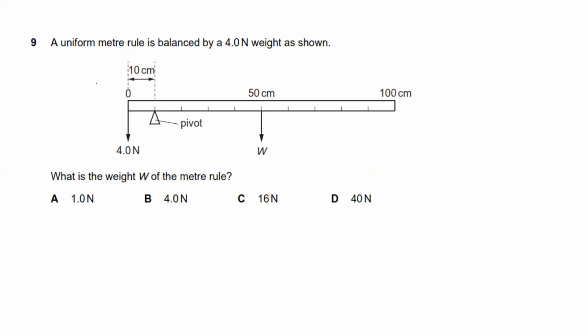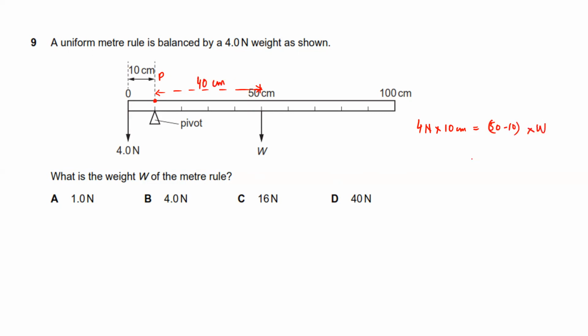Next question, question number 9. It says the uniform meter rule is balanced by a 4 Newton force as shown. The 4 Newton force is acting here, and the weight of the rule is acting down. What is the weight of the rule? Just use the principle of moments, taking moments around point P. It becomes 4 newtons multiplied by 10 centimeters, equal to the weight multiplied by 50 minus 10, which is 40 centimeters.